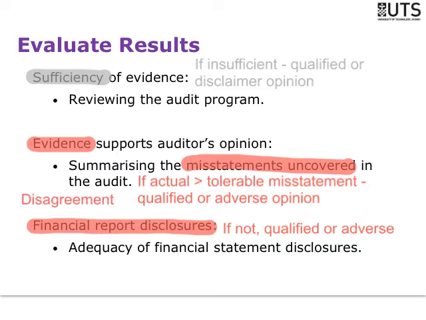Okay, so I might want to summarize that with the last 2 points, we're talking about disagreements with management. These 2 scenarios, misstatement exceeding the tolerable and financial report disclosures being inadequate, are the auditor and management disagreeing on the treatment.